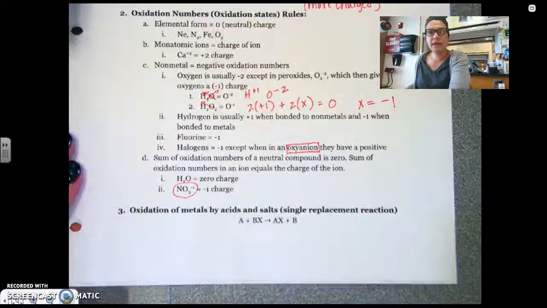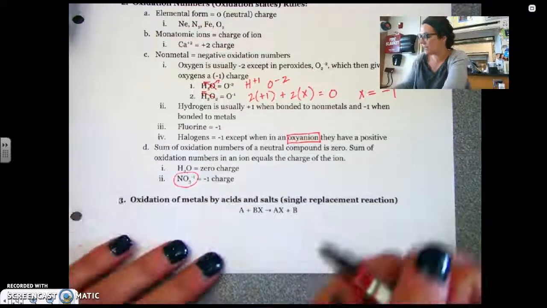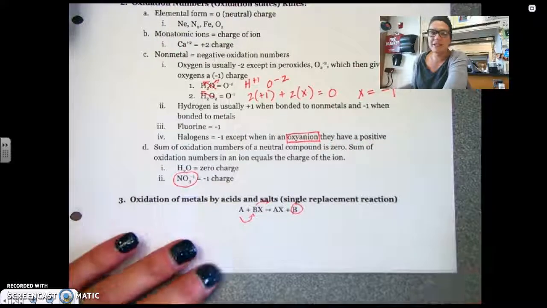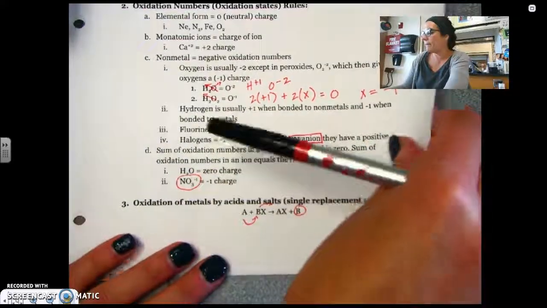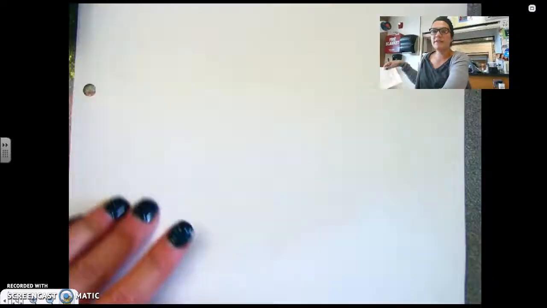The number 3 thing is oxidation of metals by acids and salts. These are basically just single replacement reactions. A goes in, kicks B out, and then B is now by itself. With that being said, if we're having a single replacement reaction, we need to think about an activity series.